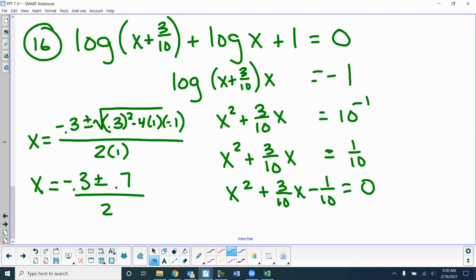Negative 0.3 minus 0.7 is a negative 1 divided by 2 is negative 1/2. Negative 0.3 plus 0.7 is 0.4 divided by 2 is 0.2, which is 1/5. Okay, so that's a fraction. The decimal will be negative 0.5, 0.2. Now, can I take the log of a negative? No. So my only answer is the 1/5. That's what the book said, 1/5, 0.2.